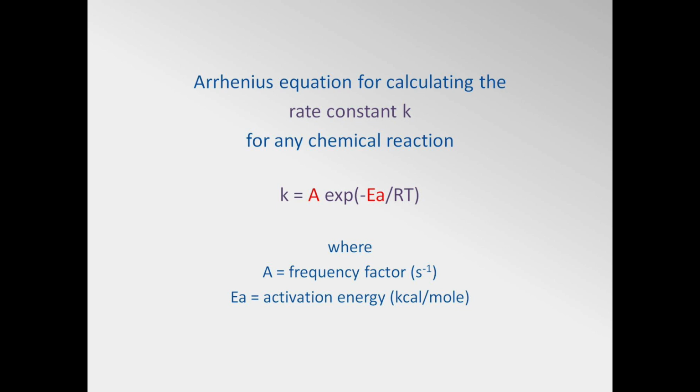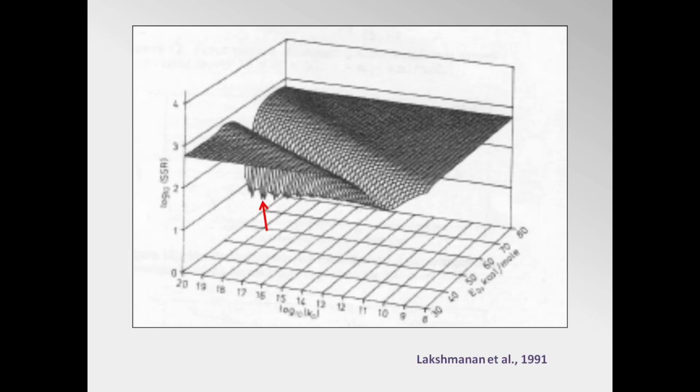In basin modeling, calculation of hydrocarbon generation is done using the Arrhenius equation, where the reaction rate constant K depends both on an A factor and on the activation energy, both of which are shown in the equation in red.